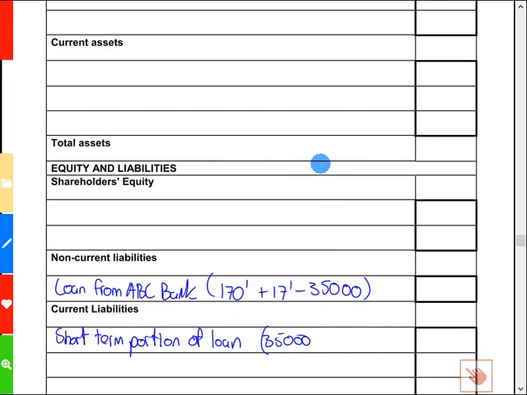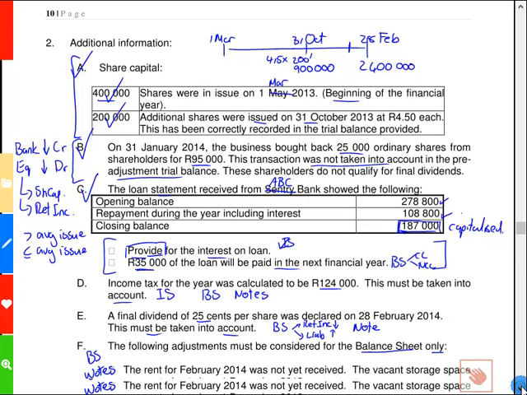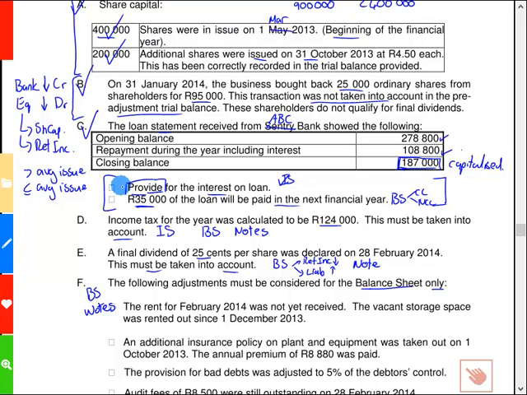So let's go back to our information. We're done with the loan. We've done the balance sheet and the notes. There was no note asked for the loan, so we're good with that. We've dealt with both these pieces of information. Income tax for the year was 124, and this must be taken into account. Where is this going to have an effect?